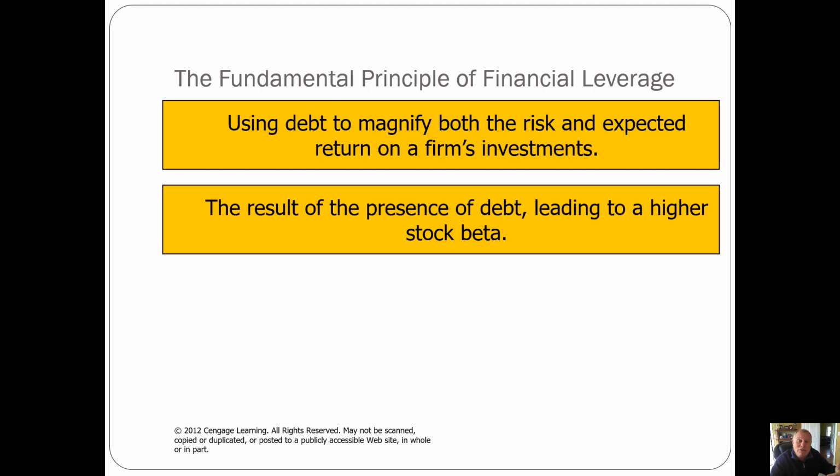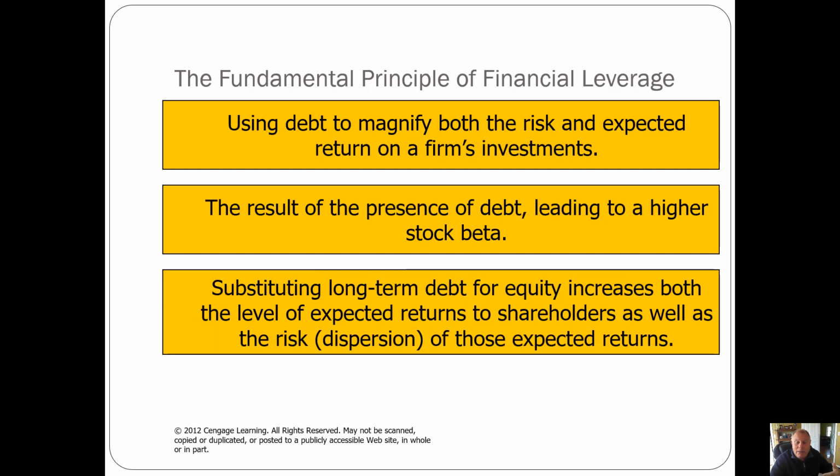So we see more volatility in the stock because of the amount of debt if it's excessive. Substituting long-term debt for equity expands the expected return of shareholders, as well as the standard deviation or the dispersion of those expected returns.